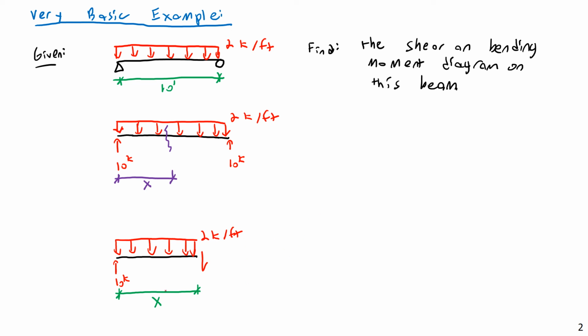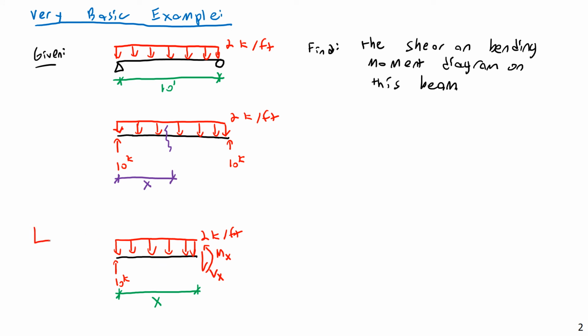So here, we're going to have some V, and I'll put a V sub x to show that it's V at some point x. And then I'm going to have M sub x, the moment at some point x. Also notice I am using the sign convention we used last time. As a reminder, what is positive shear?